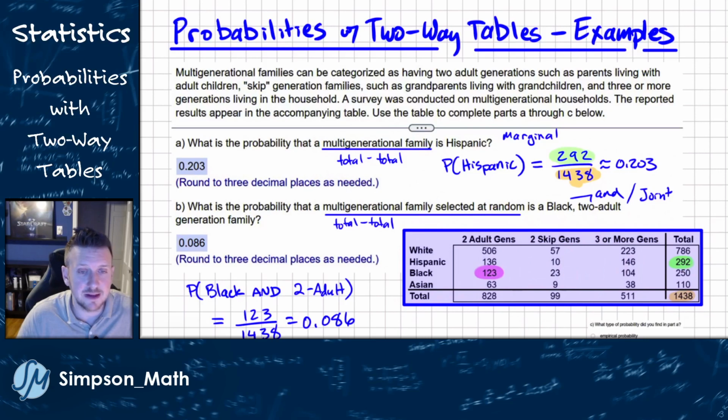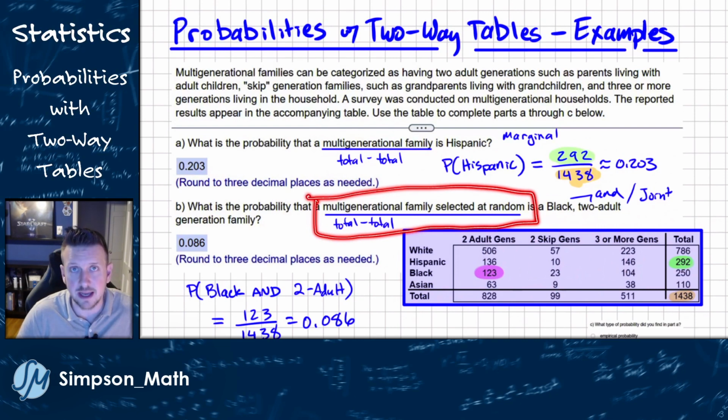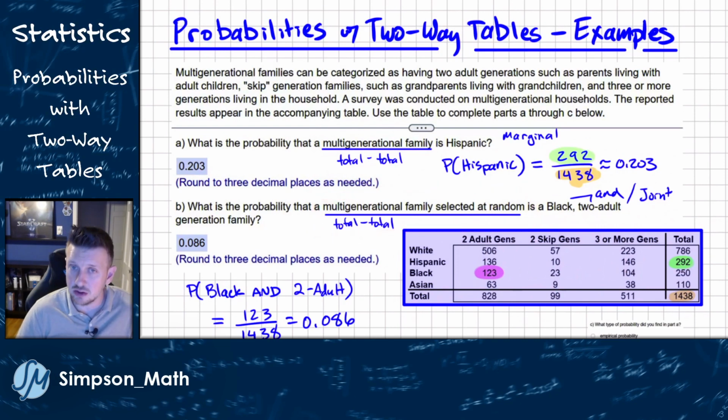Question B, what is the probability that a multi-generational family selected at random is a black two adult generation family? Notice it's sounding like they're talking again about the total, out of all of the families in this study. So this is an "and", or a joint probability.